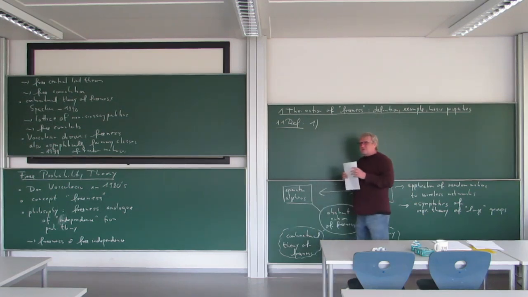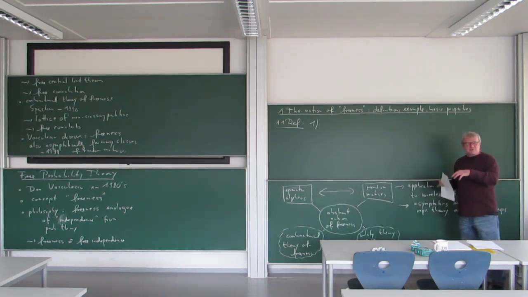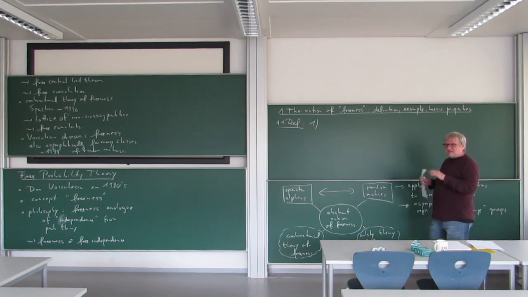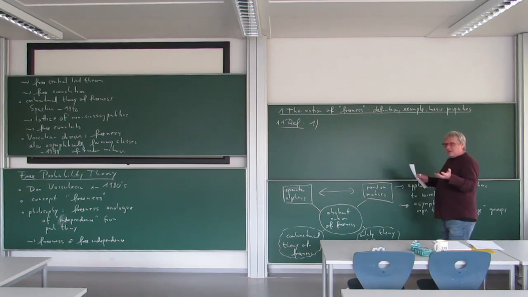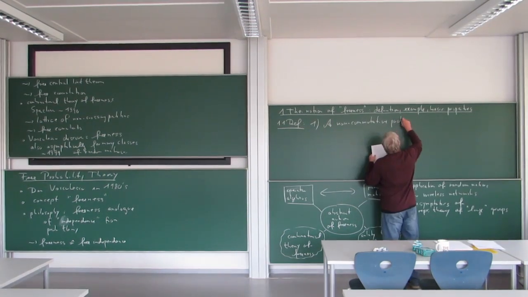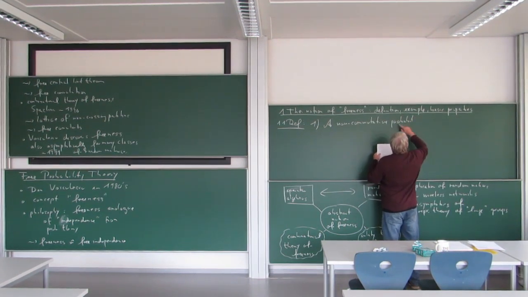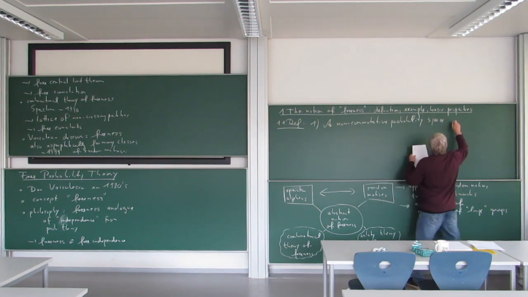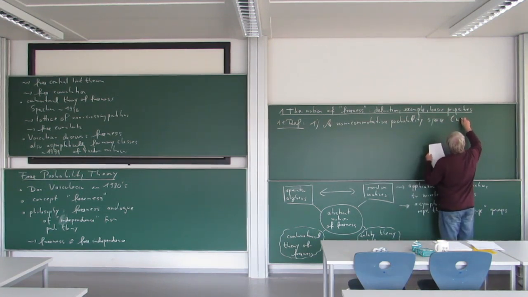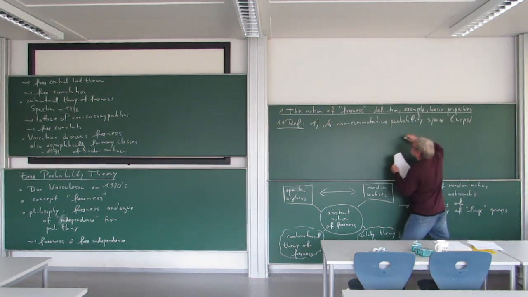The setting we have is an algebra, but on this algebra we also have a linear functional, and everything goes back to this linear functional. To fix a notation, such a pair, an algebra and a linear functional, we call a non-commutative probability space, which usually I will abbreviate as NCPS.